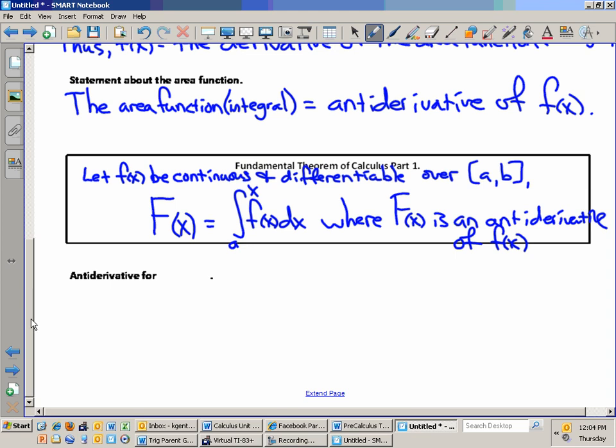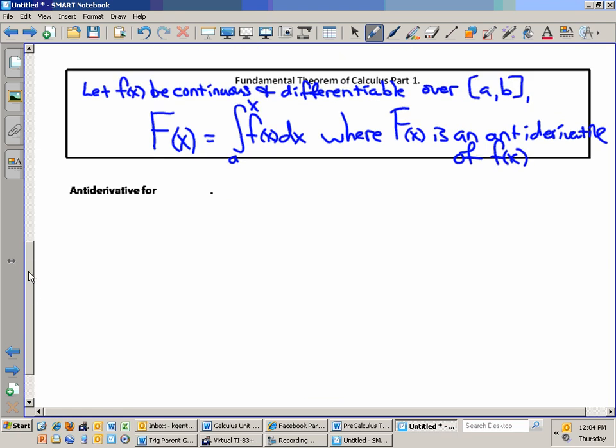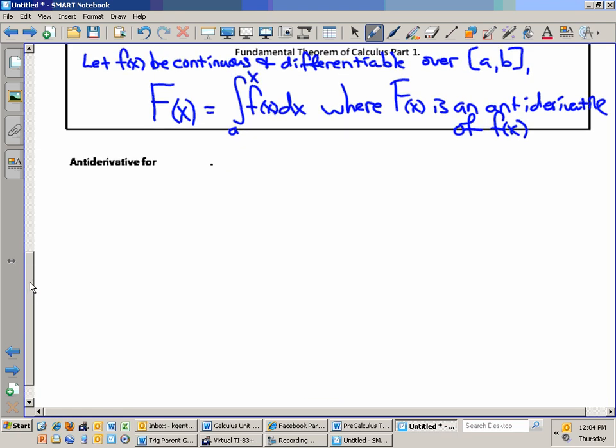And so here's really the idea. Here's an antiderivative. Let's suppose that you have f of x is equal to x to the n power. The antiderivative, well, one antiderivative, there's many. It doesn't really matter. You just need one of them. Large F of x is equal to x to the n plus 1.